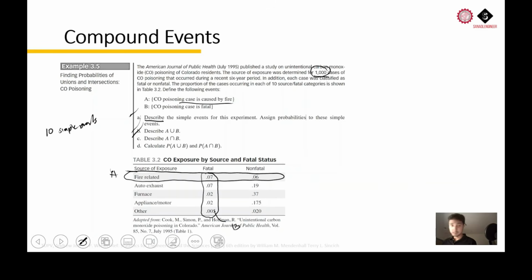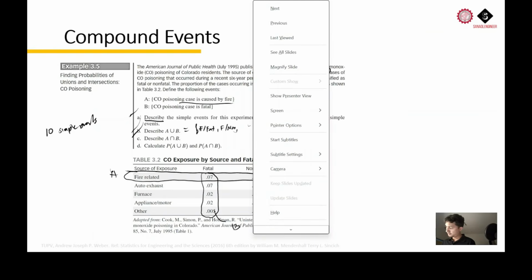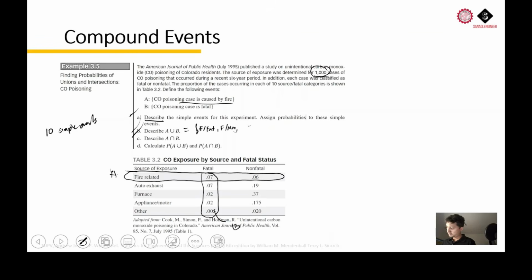So let's write this one. A union B, and that is fire fatal, fire non-fatal, and then auto exhaust fatal, furnace fatal, appliance fatal, then other fatal.